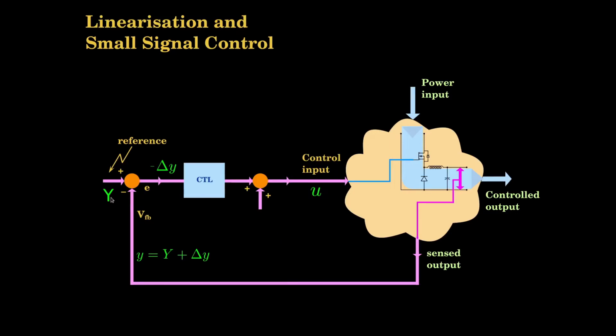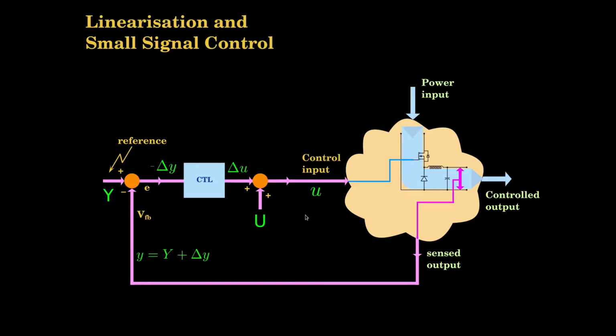The moment I know that there is a reference point Y, I know what reference point input I need to give based on the model of the system, and I can give the reference point input U. If you give U, the controller needs to deal with only delta U. The relationship between delta U and delta Y we saw is more or less linear, and therefore this will be a linear gain K. So this delta U and the uppercase U, which is the operating point U, combine together to form U as the control input.